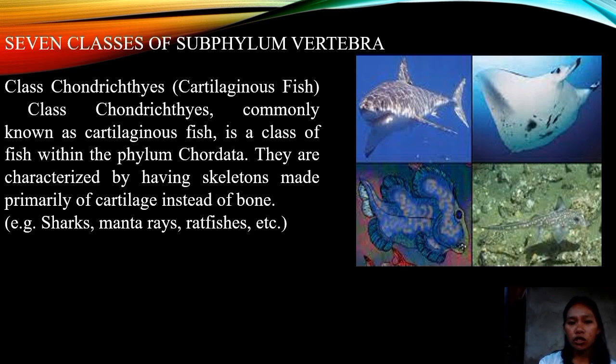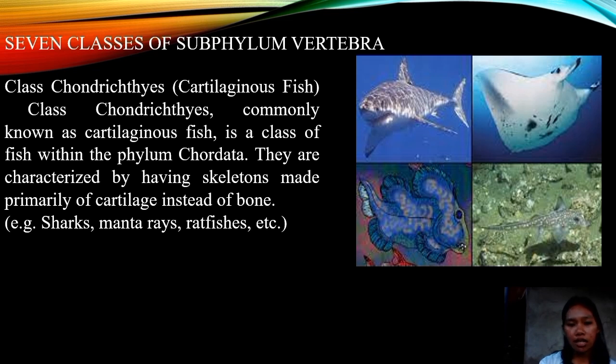So these creatures are distinguished by their skeletons, which are primarily composed of cartilage rather than bone. So examples of cartilaginous fish include sharks, manta rays, and ratfishes.